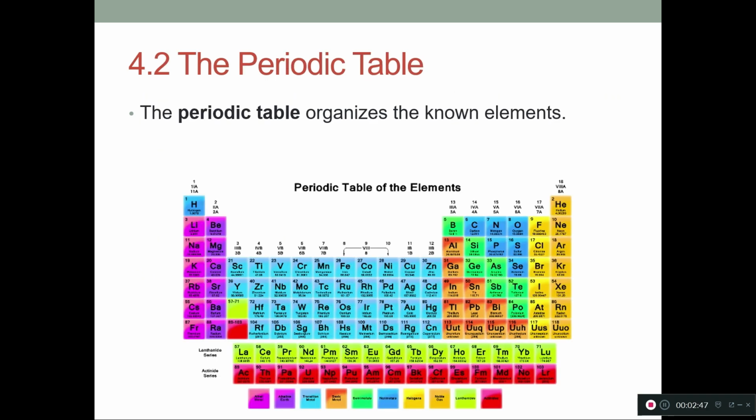And so the periodic table organizes the known elements, and we will talk in later videos more about why it's organized the way that it is, but for now we're just going to discuss what the organization actually is. And the start of the periodic table was first developed by Dmitri Mendeleev back in 1872, and back then they didn't actually know what a lot of the elements were, but they were able to predict what some of the other elements were based on the periodic table.